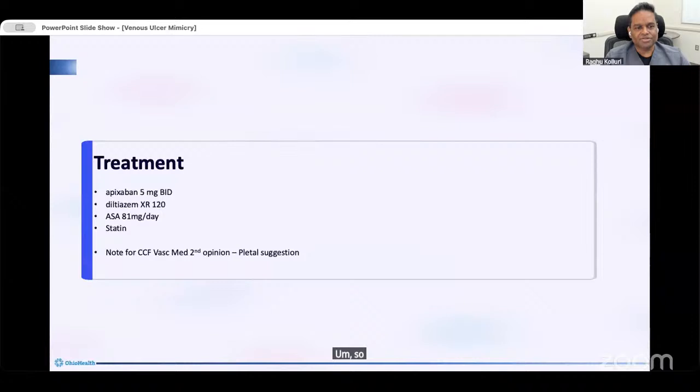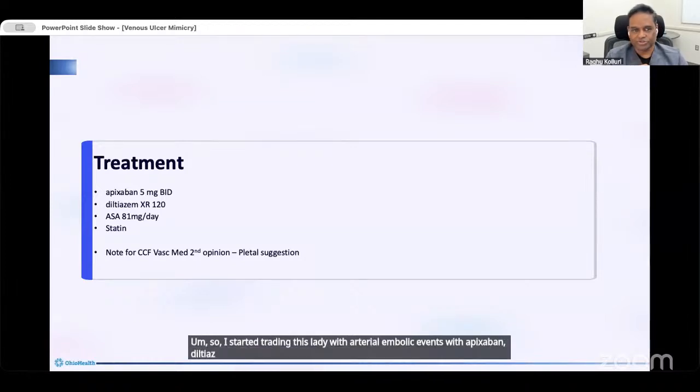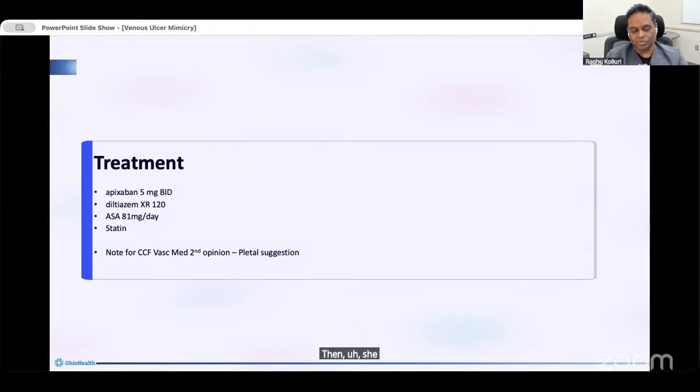So I started treating this lady with arterial embolic events with apixaban, diltiazem for vasodilation, and aspirin. Then she went and saw a second opinion, my friend Jay at Cleveland Clinic, and Jay basically told the patient that Raghu knows what he's doing.